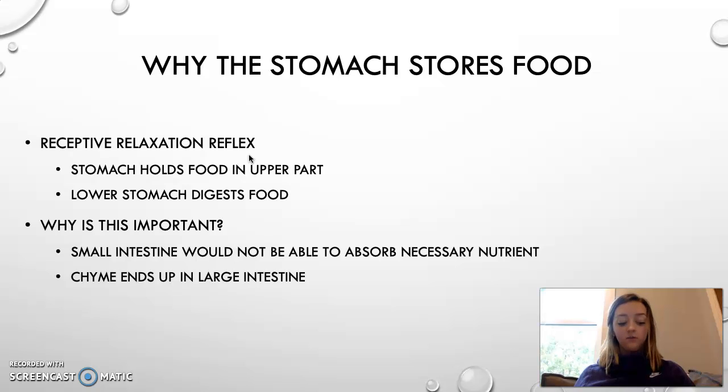Like I said, all of this is really important to digestion, because if it were not for the stomach holding part of the food, a lot of excess food would end up in the small intestine. And the small intestine isn't designed for a huge amount of food to enter it, or chyme, as I should say.